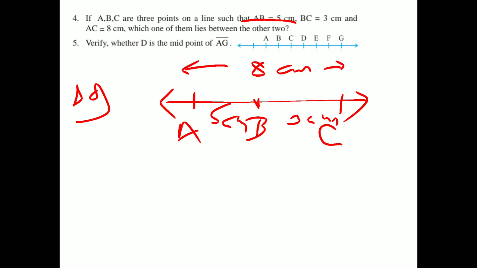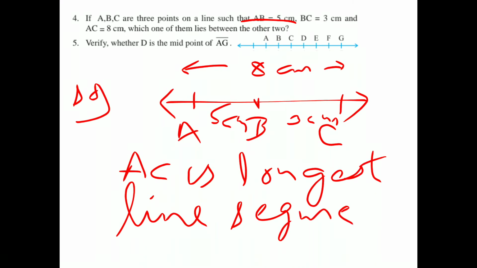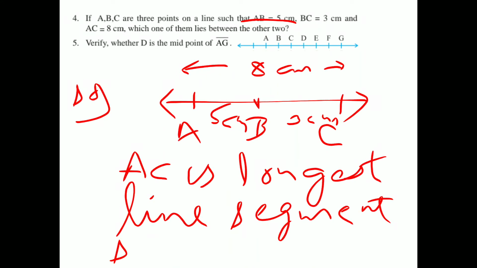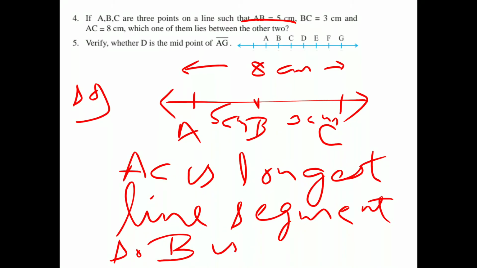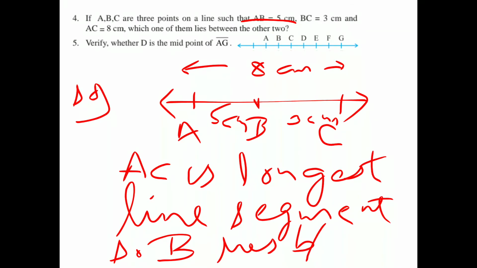So what we write, as you know, AC is the longest line segment, so B lies between A and C. Clear?